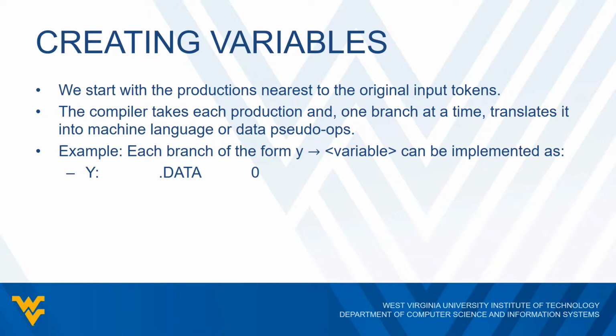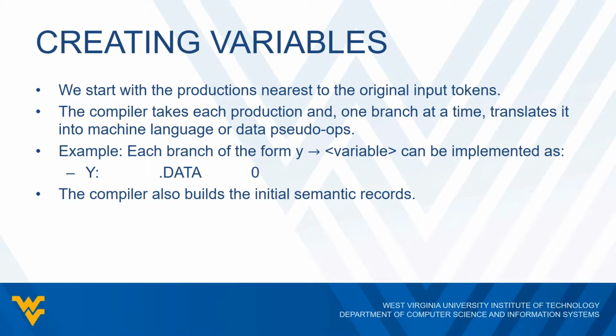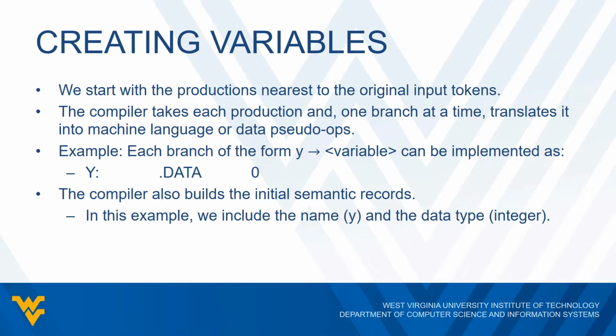Now, in addition to generating the pseudo-op, the compiler must also build the initial semantic record that's associated with the non-terminal variable. For this particular case, the semantic record would contain, at a minimum, the name of this variable, which is y, and its data type, which is an integer.